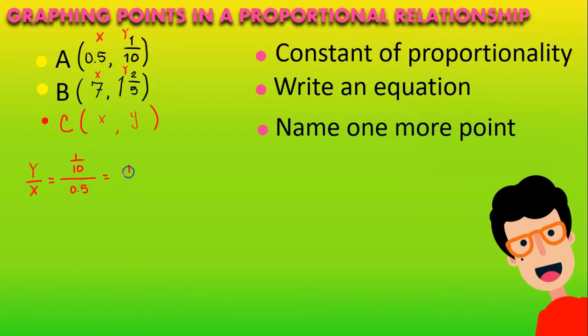Now, 1/10 divided by 0.5 is the same thing as 0.1 divided by 0.5. Once you do that, you get 0.2.